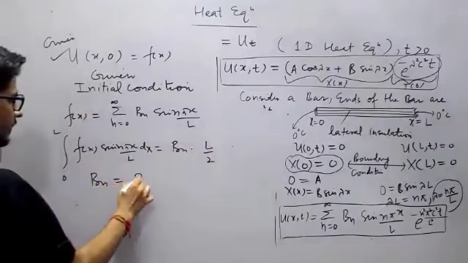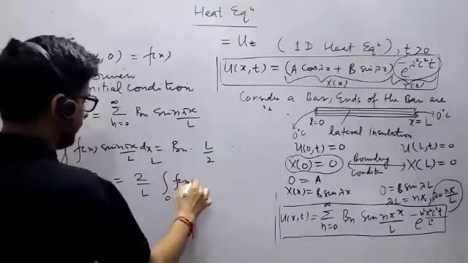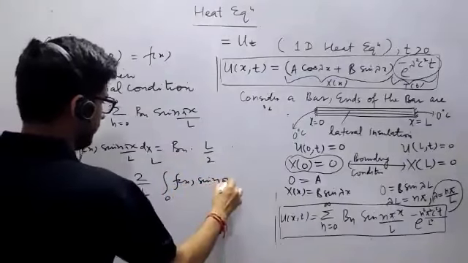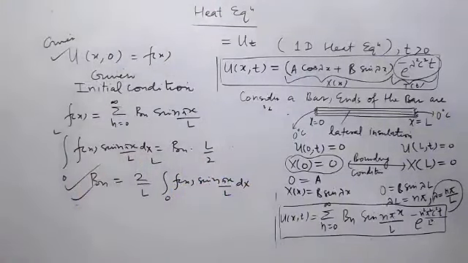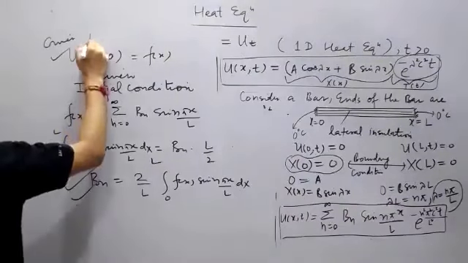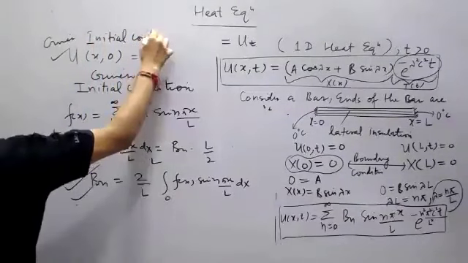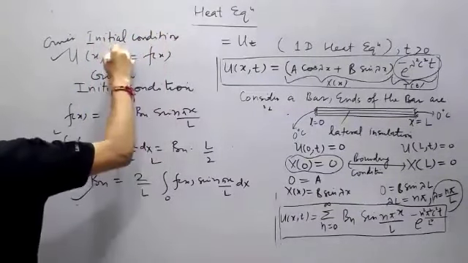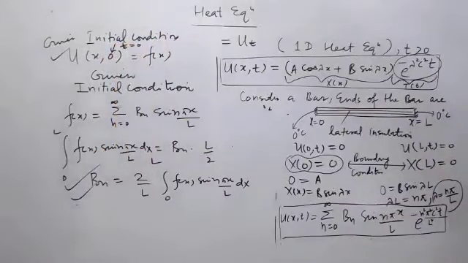So Bn will be equal to 2 by L integral 0 to L f(x) sine of n pi x by L dx. So this is the way how the Bn will be calculated. So most of the time this will be given. This is the initial condition, because it is given at t equal to 0, so that's why it is known as initial condition.